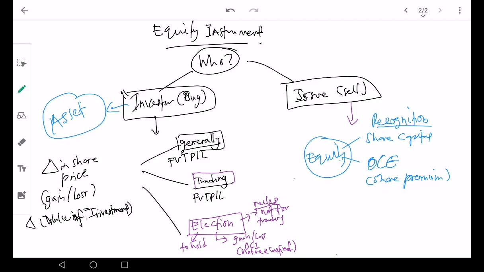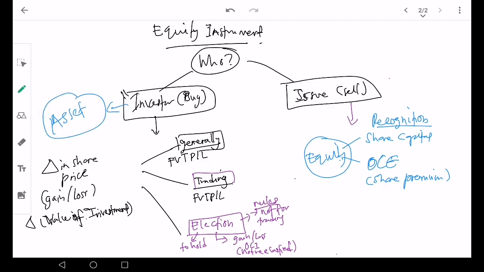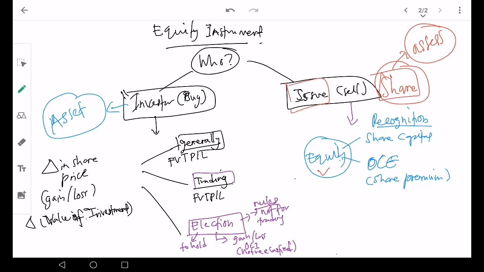But remember class, this is very crucial: when I say issue share, you must first assess the substance, the definition in the conceptual framework. But for today, I focus on issue share when it's an equity. There are questions where you issue shares but they meet the definition of liabilities, so you have to put the shares under liabilities.